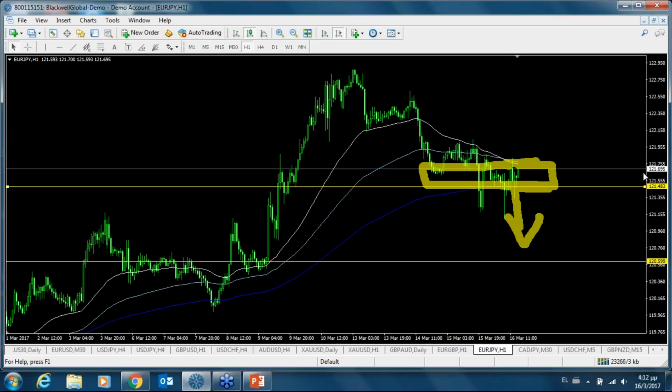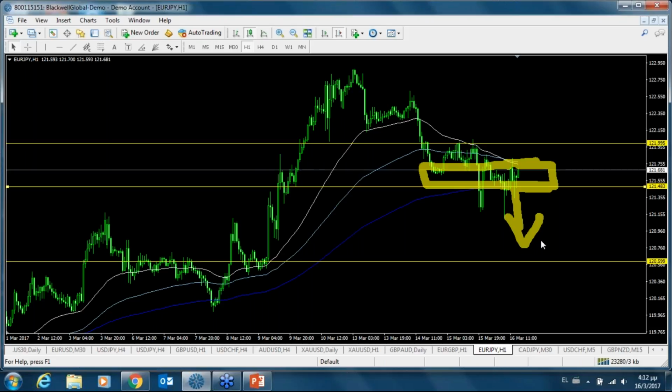If it goes above the 80 area, only then will it give you more room to the upside. But at this moment, there may be a possibility, but you are combining your euro with a JPY, and JPY is looking like it's to the downside. The more yen is falling, the more possibility you're looking at an upward type move.